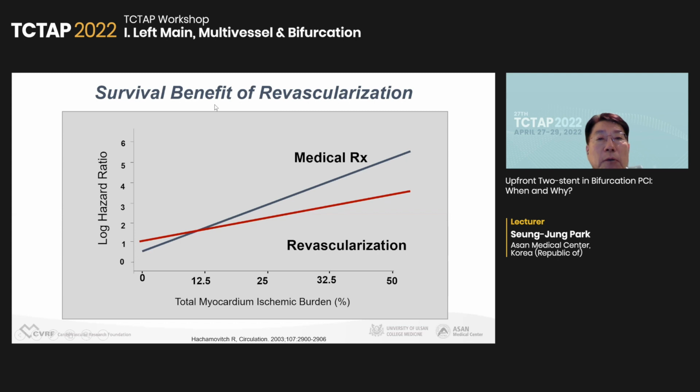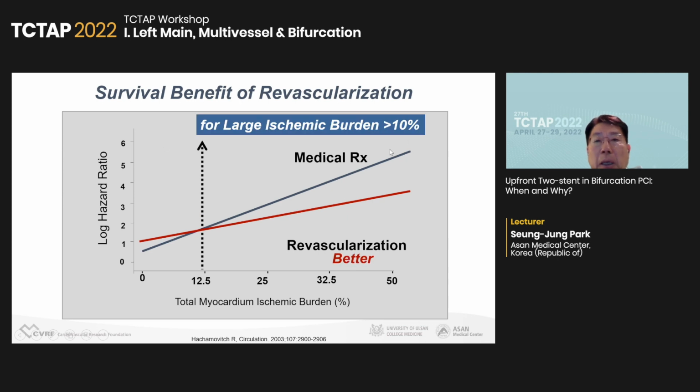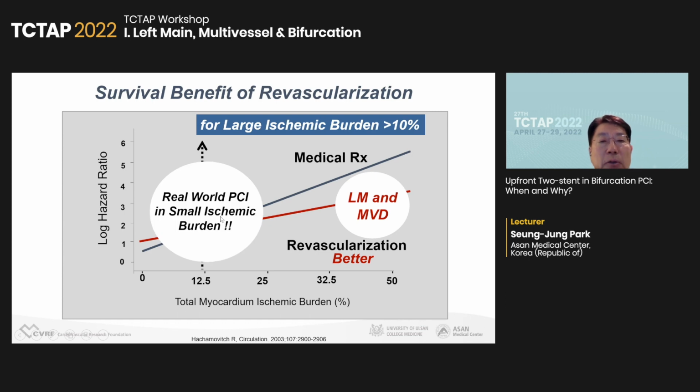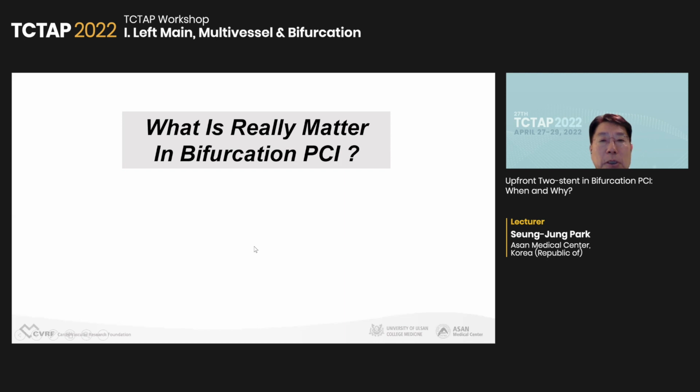If we look at the survival benefit of revascularization compared with medical treatment, the main clue is large ischemic burden, more than 10%. Bigger than that, with large ischemic burden, like left main and three-vessel disease, multivessel disease, revascularization is better.